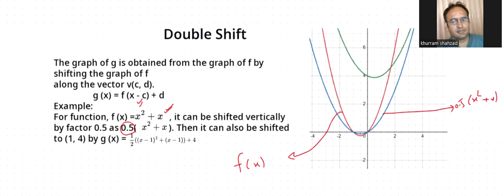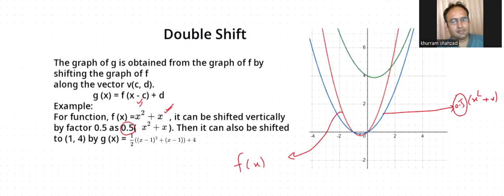Now you can see that this 0.5 is not shifting, it is some kind of scaling.